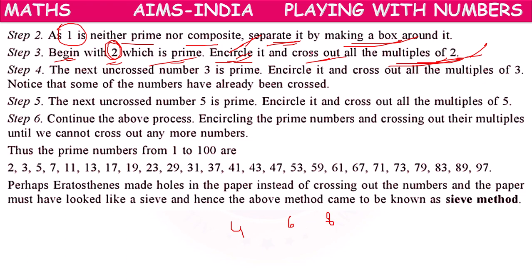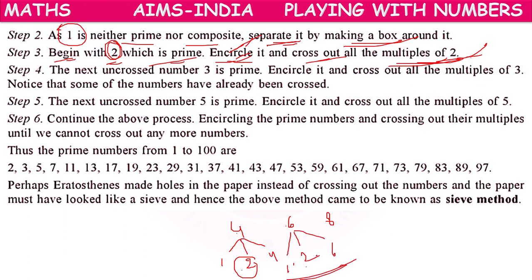Why do we have to cross them out? Because the factors of 4 are 1 and 4, and 2 also will be a factor, because 4 is a multiple of 2. Even 6 is a multiple of 2, so 2 will be a factor of 6 along with 1 and 6.